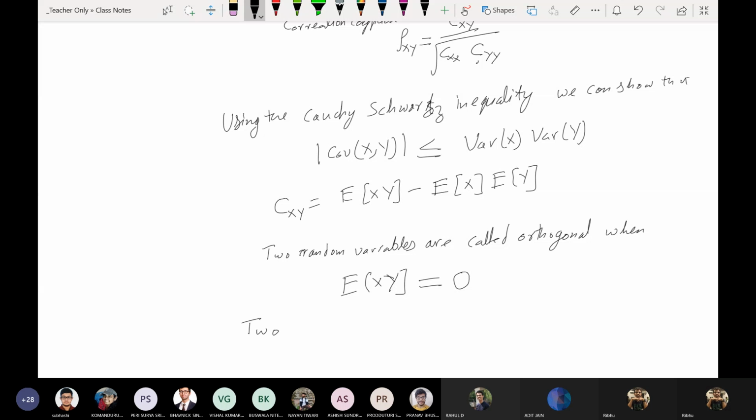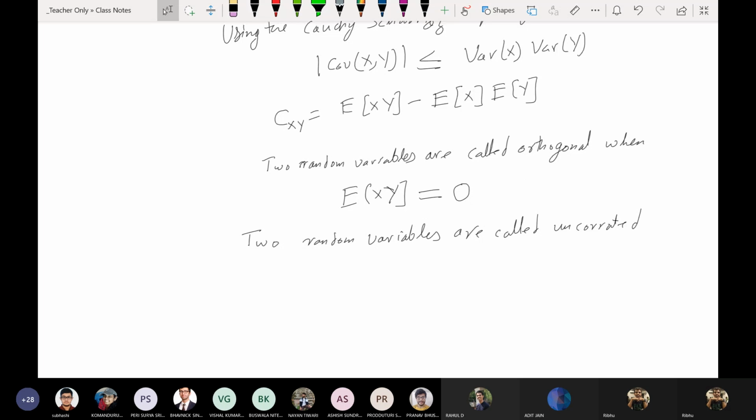Two random variables are called uncorrelated when covariance of xy equals 0.